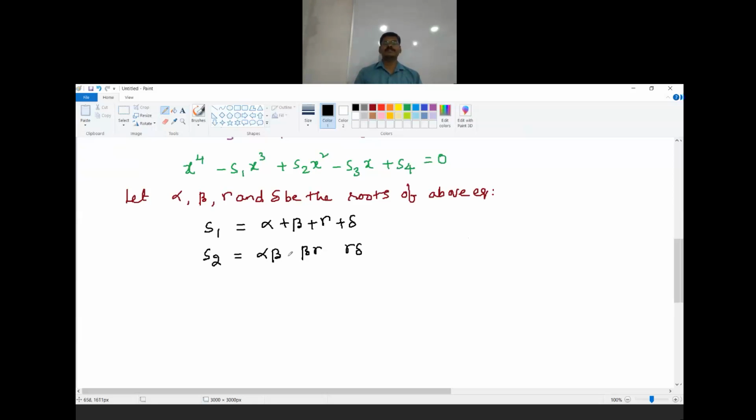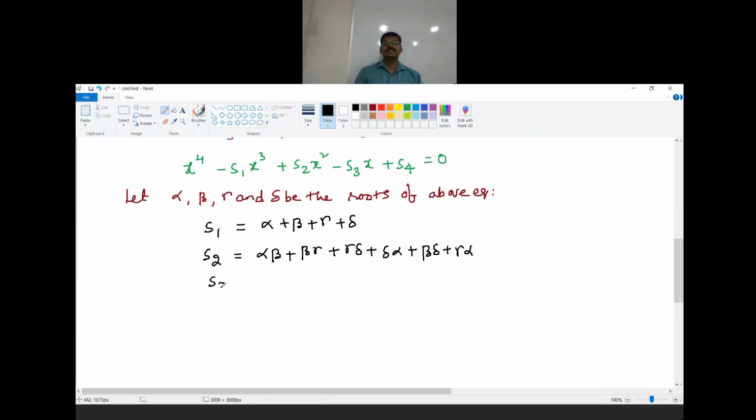Sum means plus, so you have to keep plus between the terms. Next, alpha delta or delta alpha, next beta delta. We have to cover all the possible combinations. Next, gamma alpha. So this is S2.